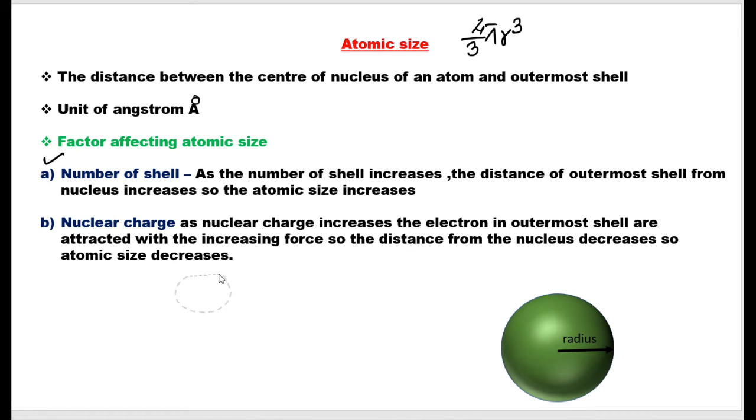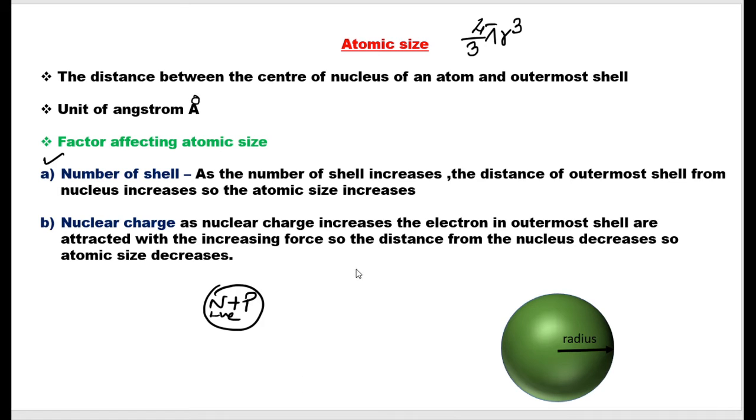A nucleus will have protons plus neutrons. Since neutrons have no charge, obviously the overall charge of a nucleus will be due to the presence of protons, which are positively charged.